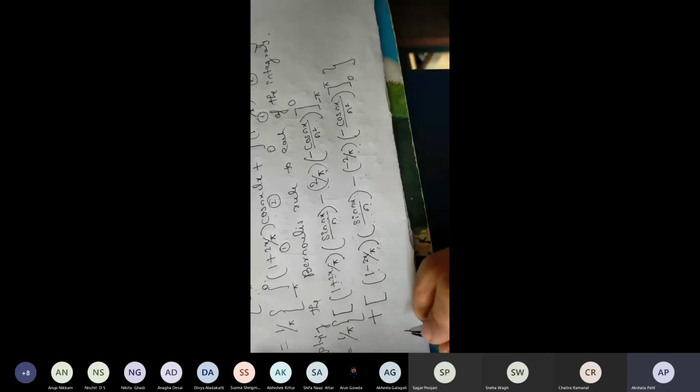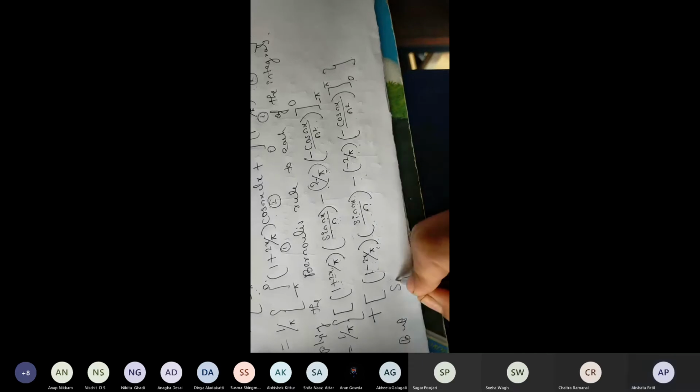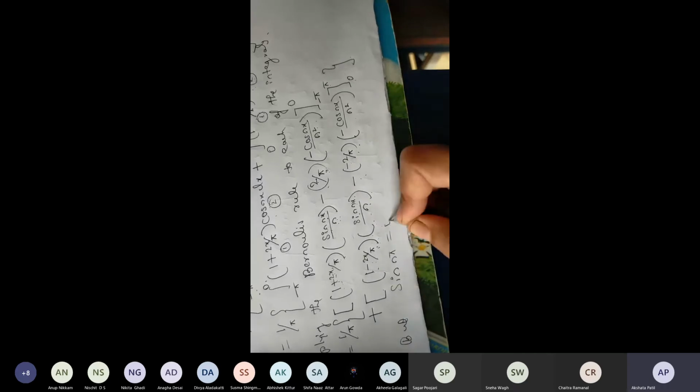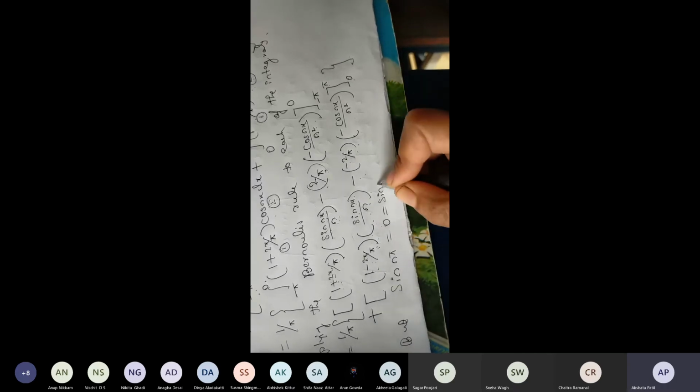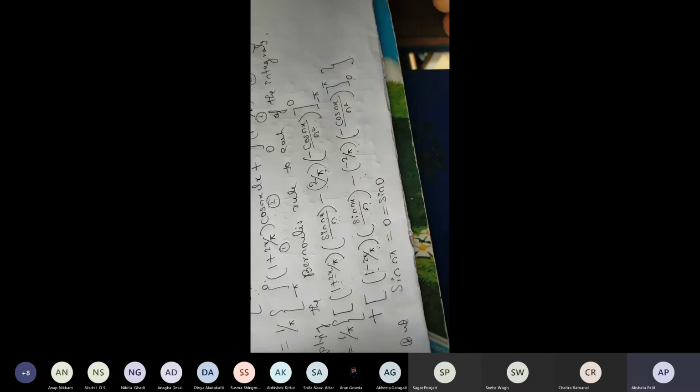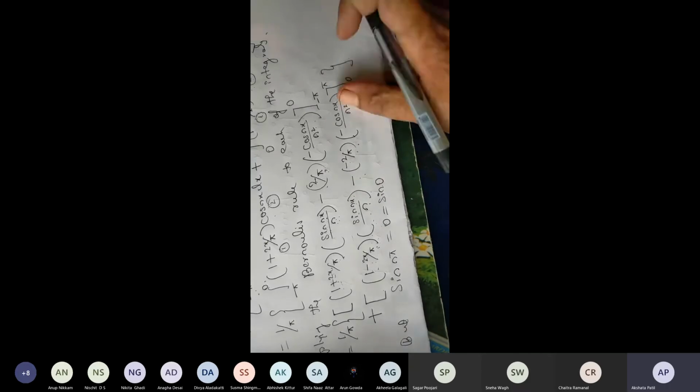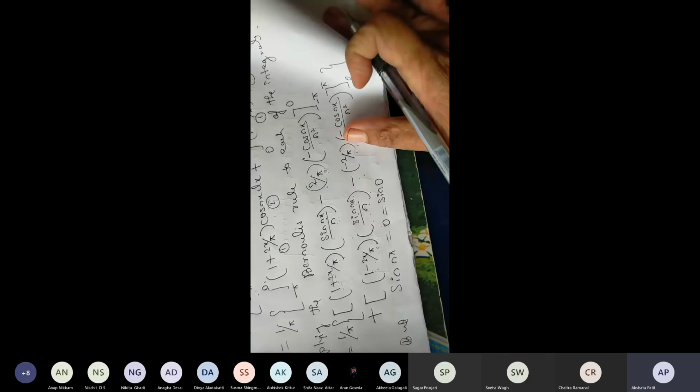Okay, so here sine of n pi is equal to 0, which is equal to sine of 0. So here we can write, just a minute, I will show you. Here we can write a_n is equal to 1 by pi, keep as it is.